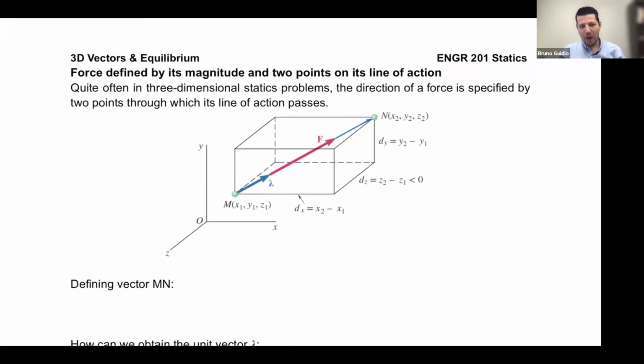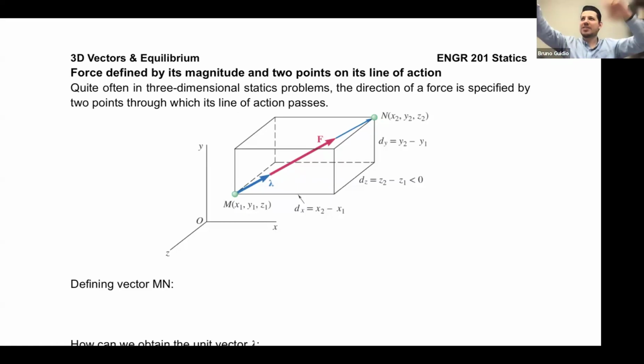Okay. Well, that's why let me introduce now, and maybe you already know that. How can we define the force defined by its magnitude? And how can I define, when you're working in a coordinate system in a problem that has dimensions, how can I write this unit vector just using dimensions or points that I know from the problem? Because sometimes the angle is not going to be given to you.